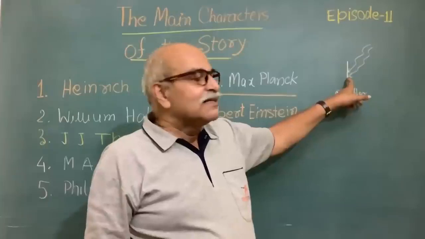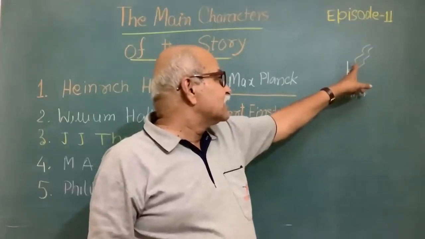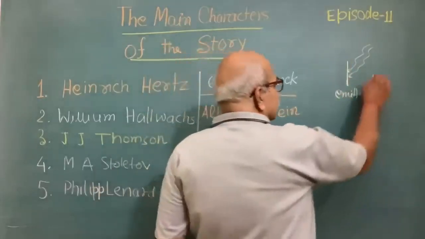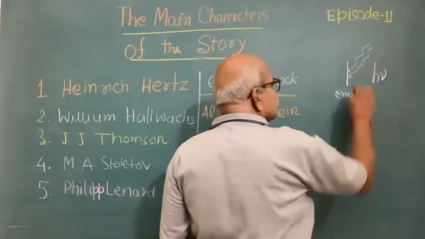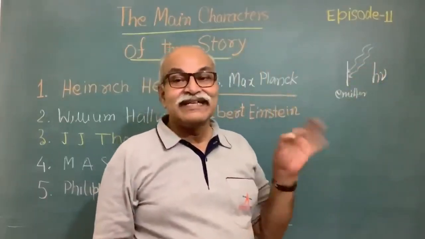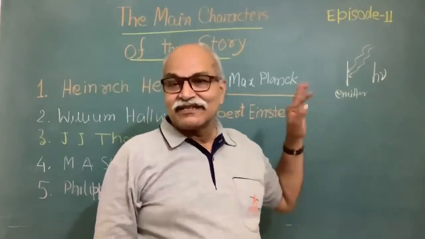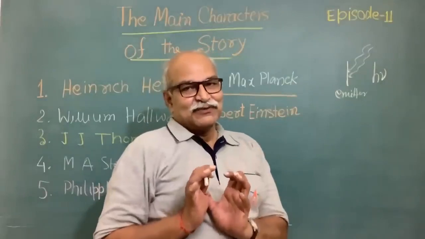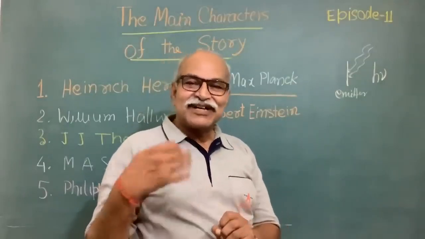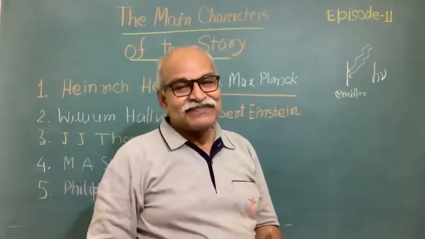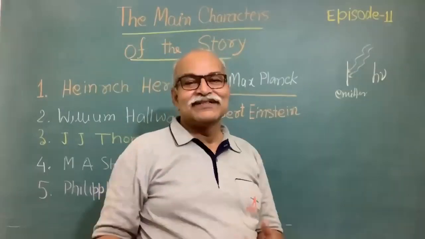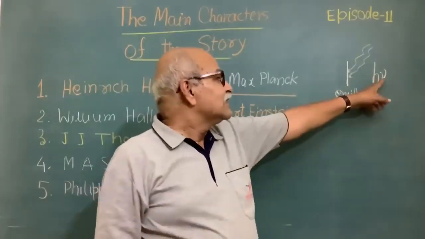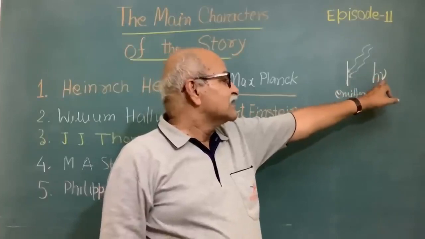In that model, the energy given by this radiation to a single electron in a single event will be just h nu. Once the energy is received, this electron will not keep this energy for a long time. Either it will come out or it will share it with the fellow electrons and the lattice. So one electron, one photon, this is the energy given.